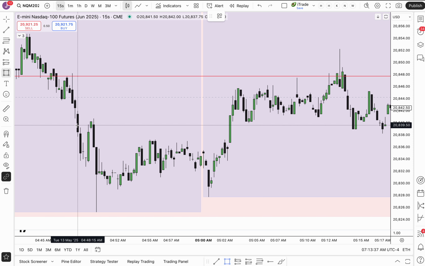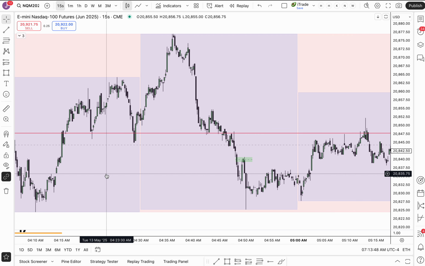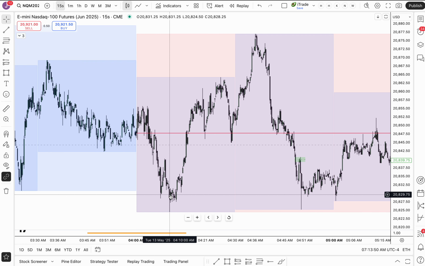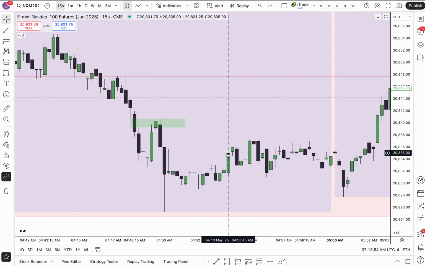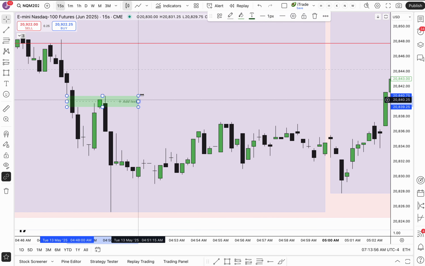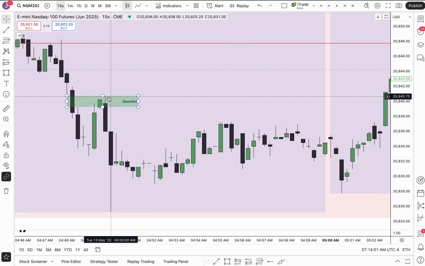So here's another example on the 15. We have this gap, okay, we have the downtrend, price comes up, retests that, makes a low. Just pretend we take liquidity. We don't take liquidity here, but just pretend we do. This becomes what we consider potentially being the gauntlet.